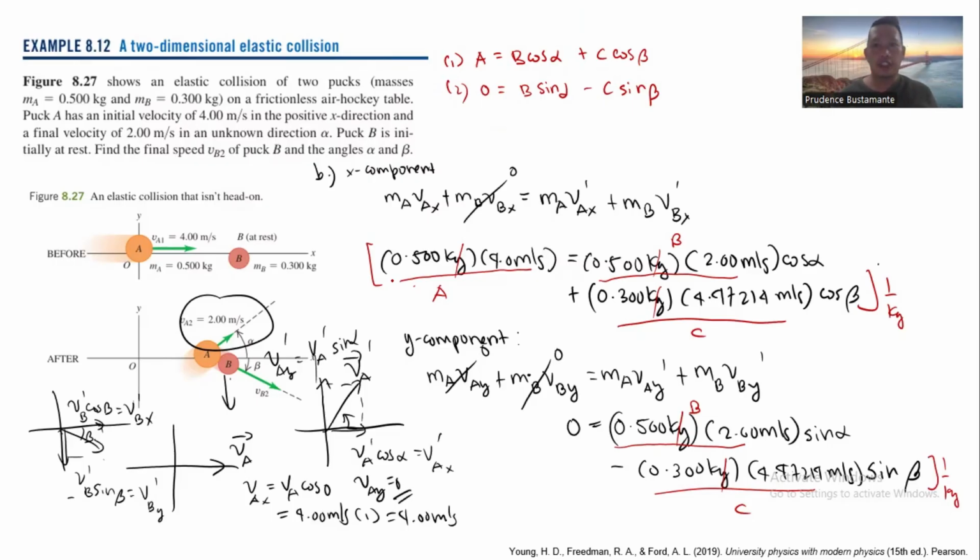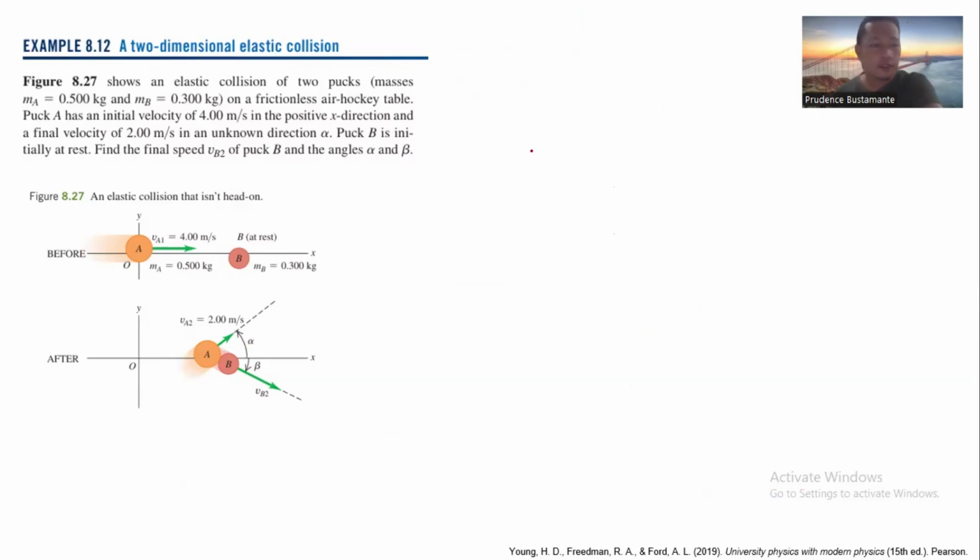That's all we need. From these, we're going to get the angles alpha and beta. We just made it simpler. So with equation 1, A equals B cosine of alpha plus C cosine of beta, let's solve for cosine of beta here.